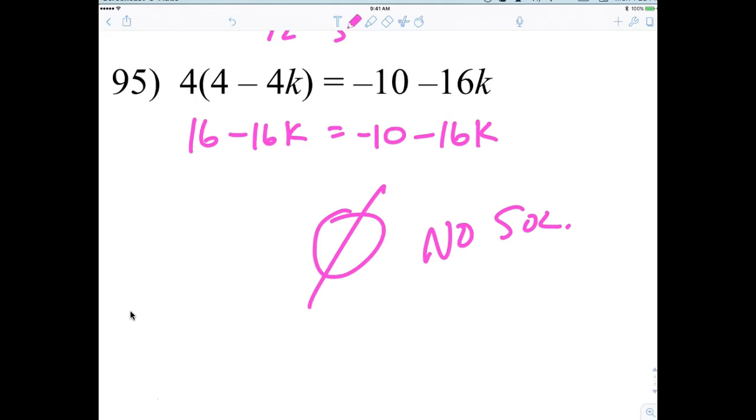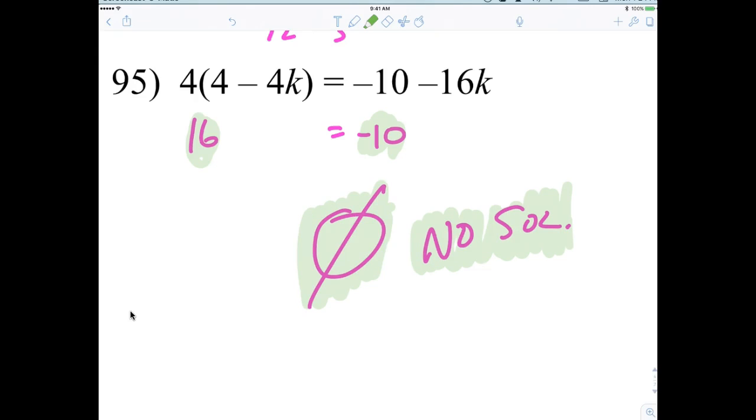Why is it no solution? Does everybody see that? It's not the same, right? If I add 16k to both sides, please watch. These cancel. Do you agree? Is this a true statement anymore? Is 16 ever equal to negative 10? Therefore, it's no solution, and the symbol for no solution is a 0 with a line through it.